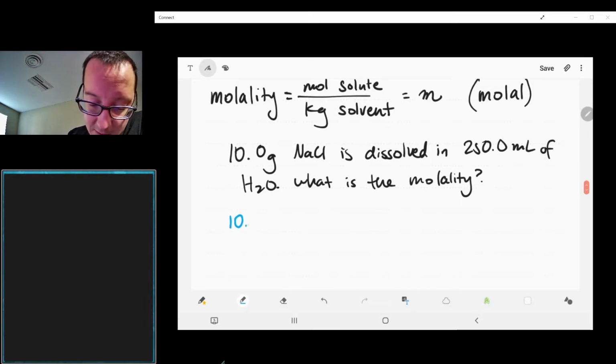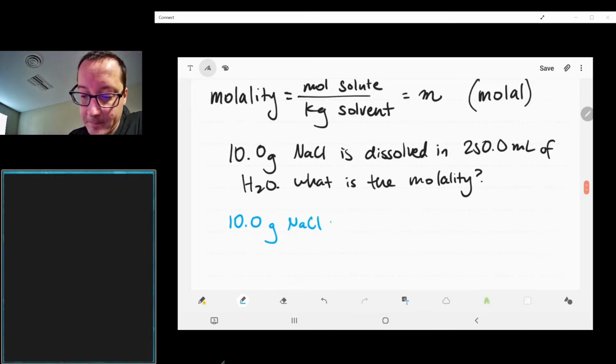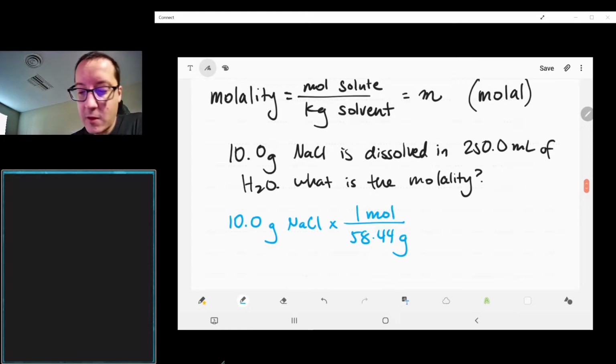So let's start with our mass. If we're going to convert it to moles, we'll use its molar mass. I just happen to have it memorized, but that would be 22.99 plus 35.45 for sodium and chlorine, of course.